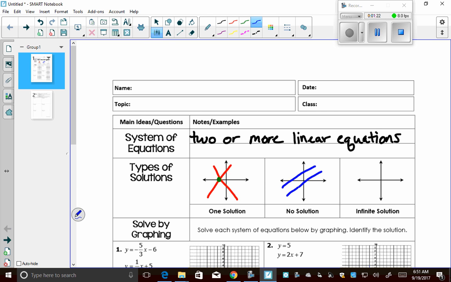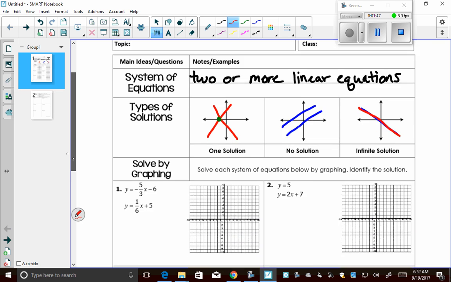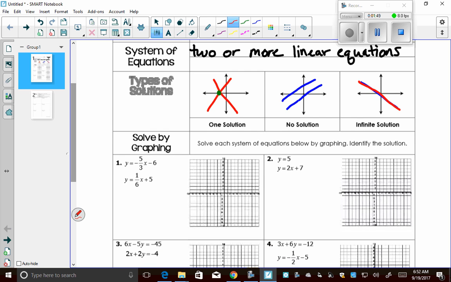They're never going to touch. And then the other solution is infinite solutions. That means wherever I have one line, I'm going to have another line that is directly over the top of it. They're the exact same line. That means that every point possible is going to be a solution.